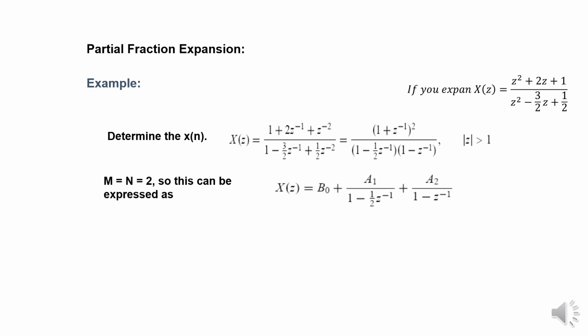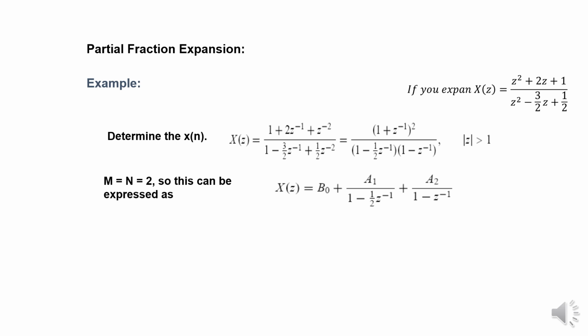B naught will be some value, a real value, plus A1 divided by 1 minus 1 over 2 z minus 1, plus A2 divided by 1 minus z minus 1.